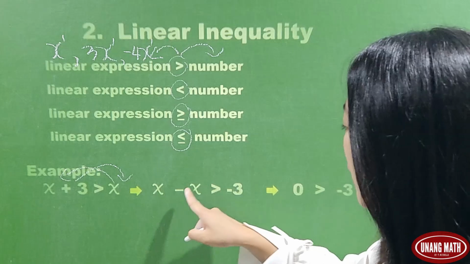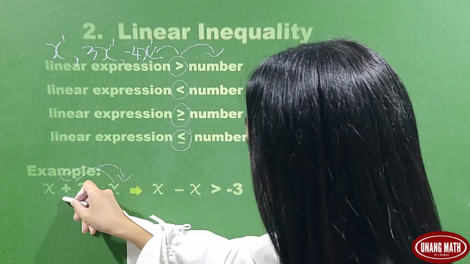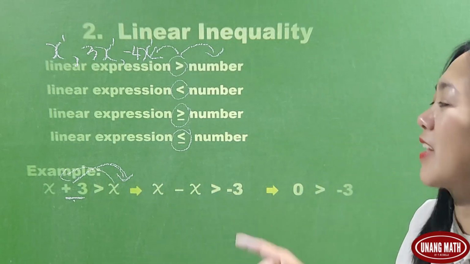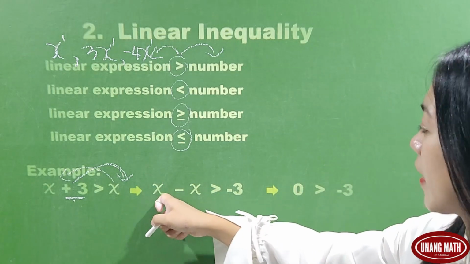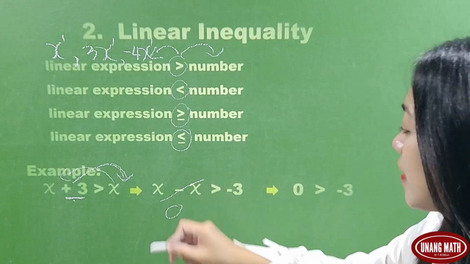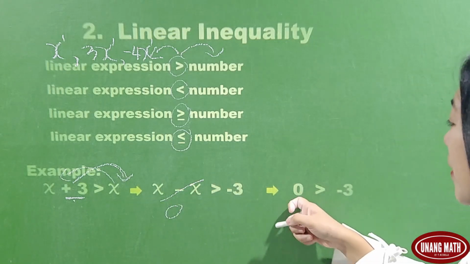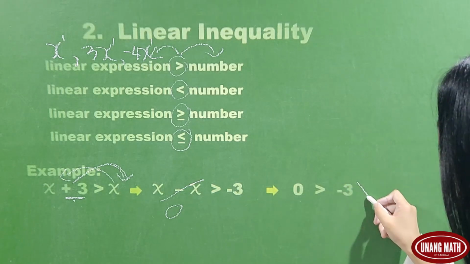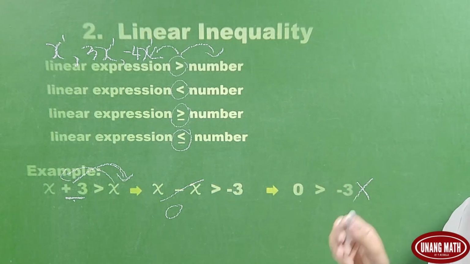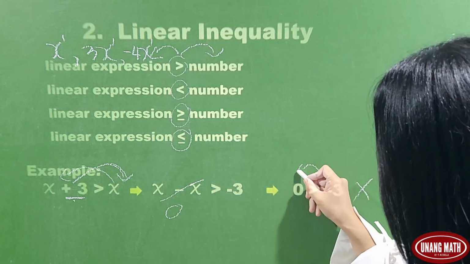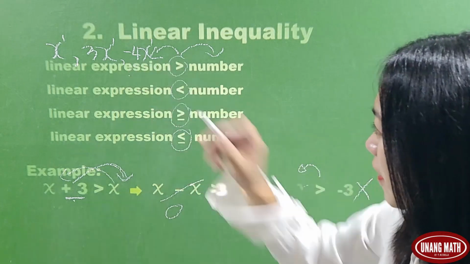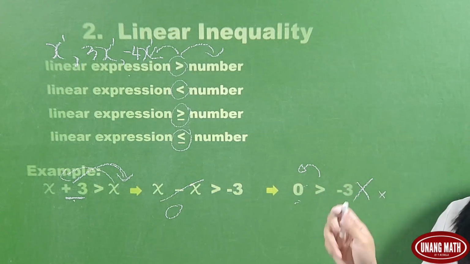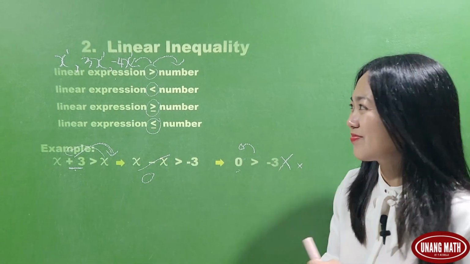So we have here x minus x on the left side, and positive 3 or plus 3, if we move it to the right side, becomes negative 3. Let's simplify. x minus x is now 0. So we have 0 is greater than negative 3. This is not a linear inequality because, take note, on the left side must be a linear expression. 0 is not a linear expression, so this is not a linear inequality.